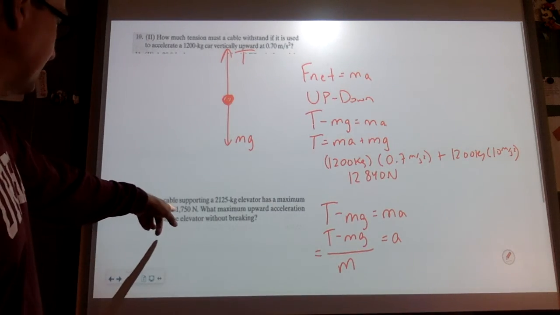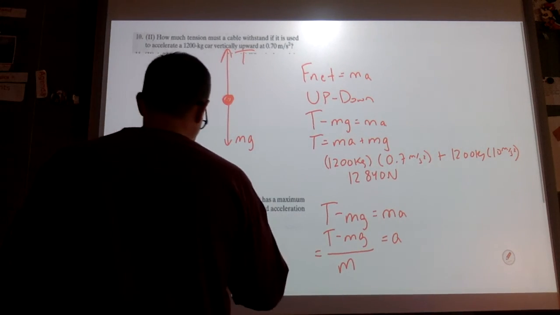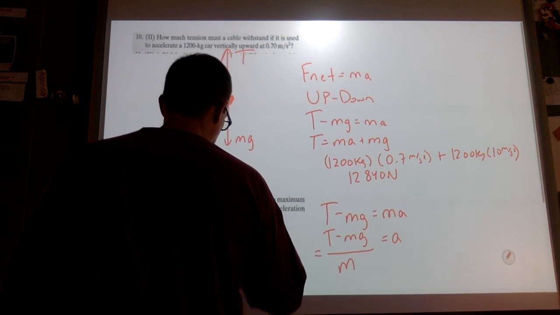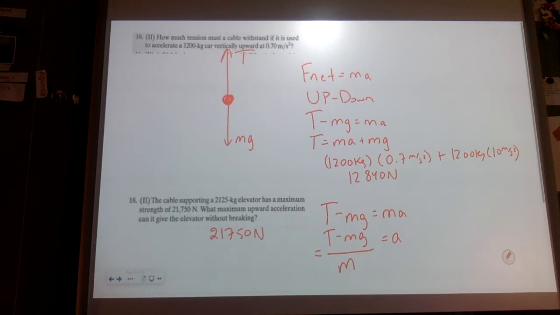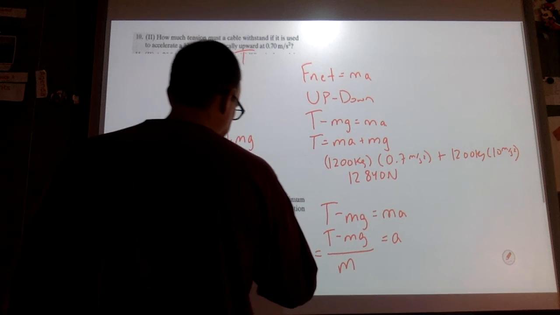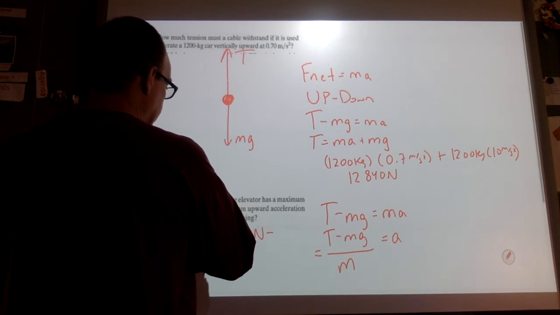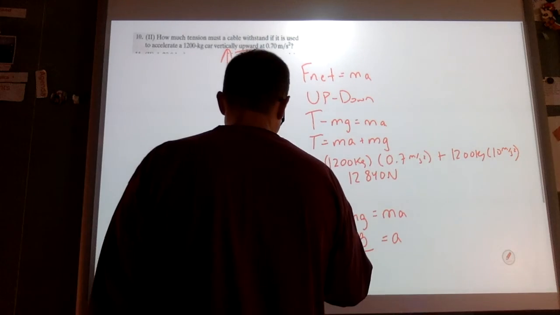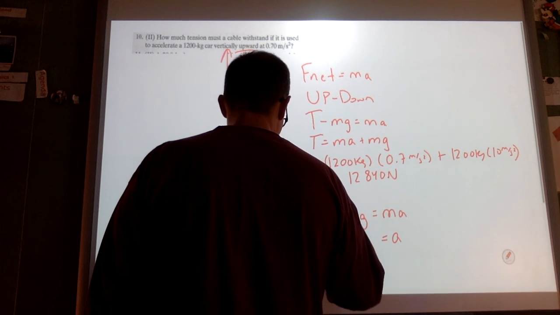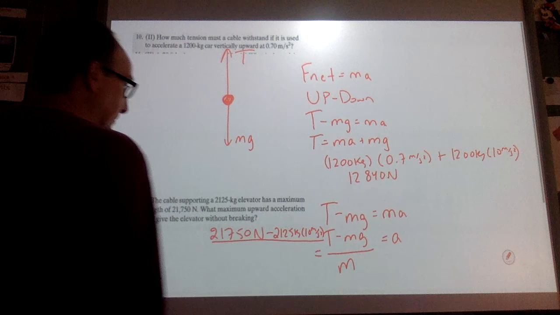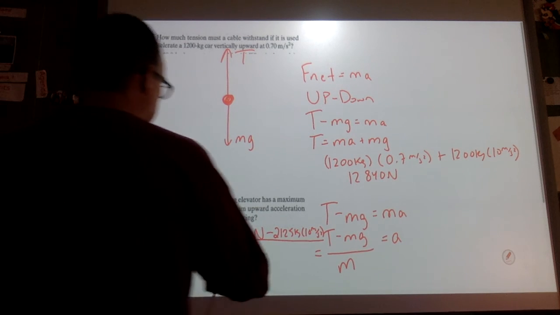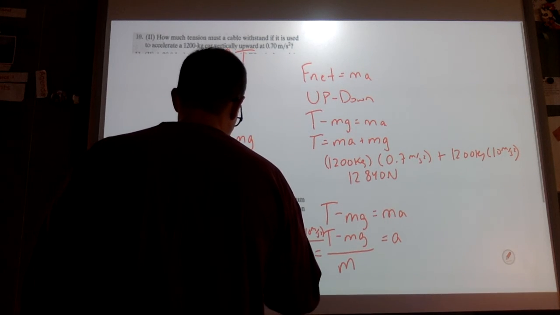So the maximum strength is the biggest tension. That's going to be 21,750. I'm subtracting the weight of this elevator, which is 2125 times 10, dividing by the mass of the elevator.